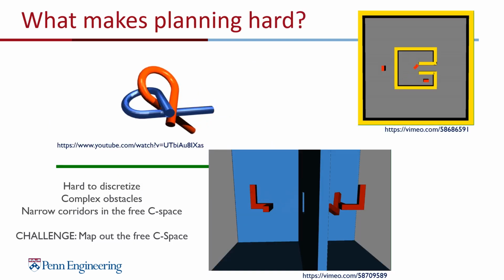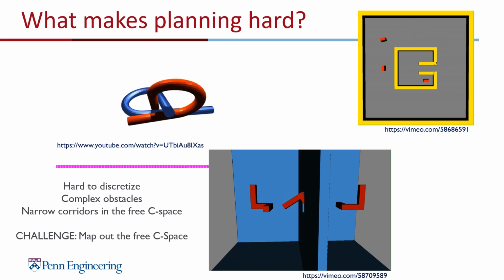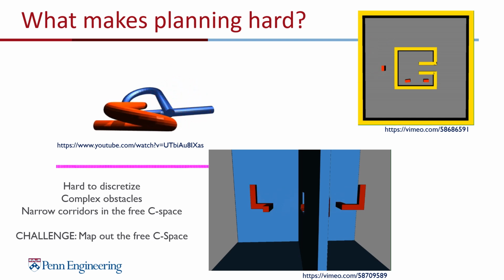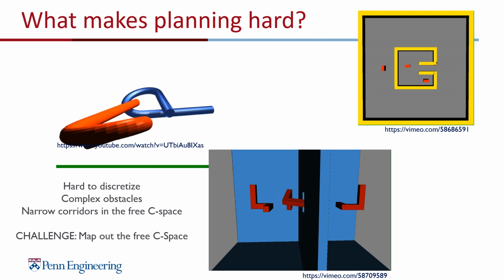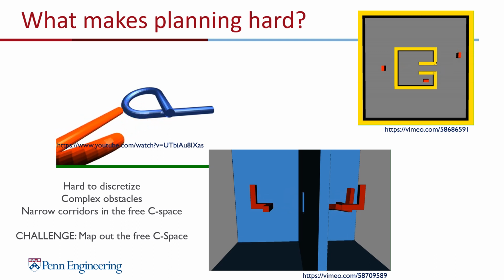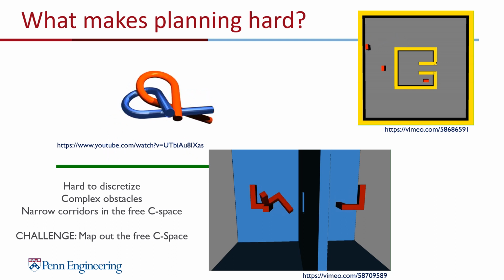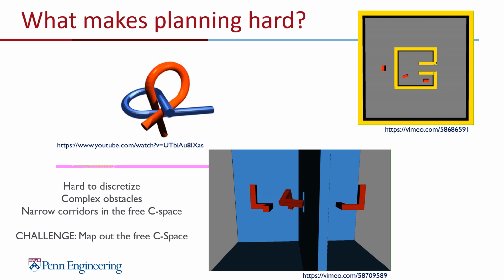We see here a few examples that illustrate this point. On the top left, we have the problem of pulling bars apart, called the alpha 1 puzzle. This is hard to discretize. Other problems may have complex obstacles to navigate or many degrees of freedom. This is part of what makes path planning exciting, finding clever ways of overcoming these types of challenges to help robots navigate our ever-changing and complex physical world.